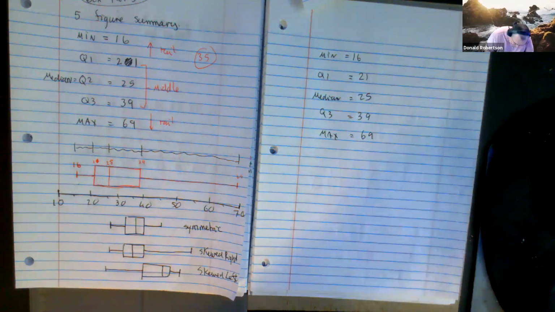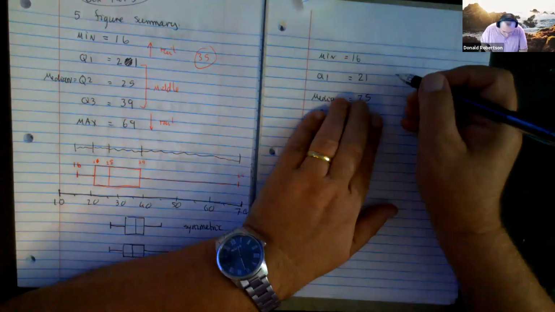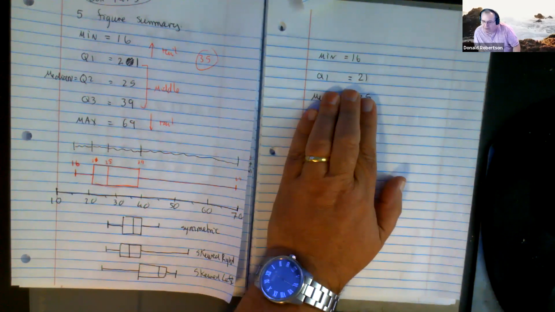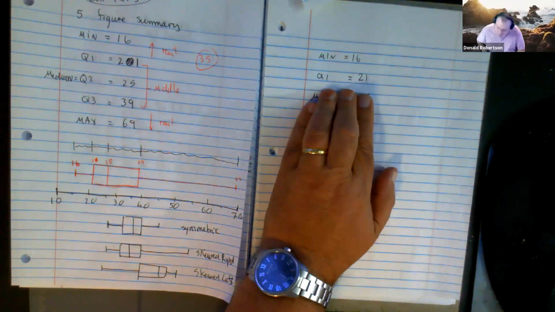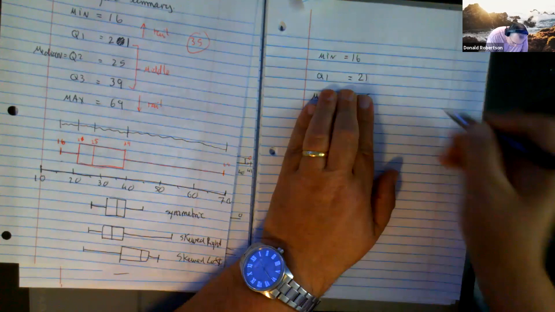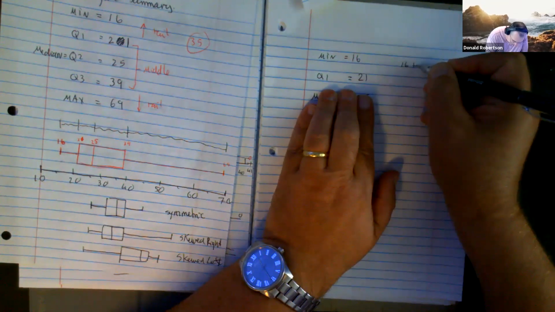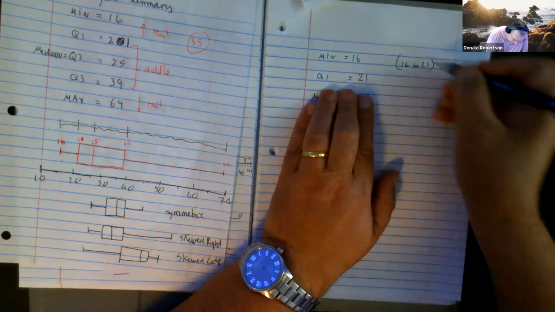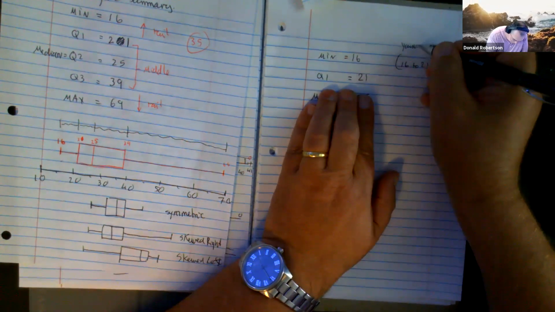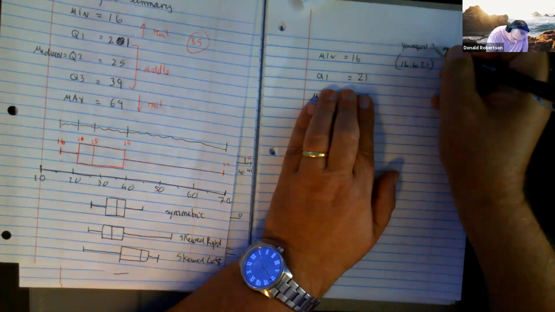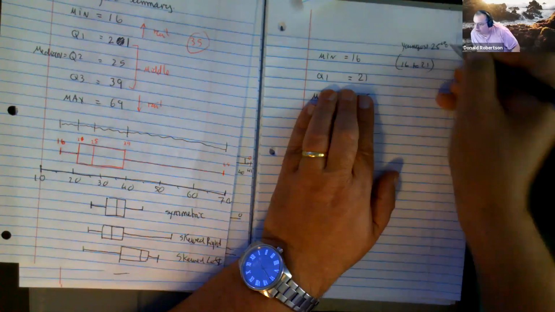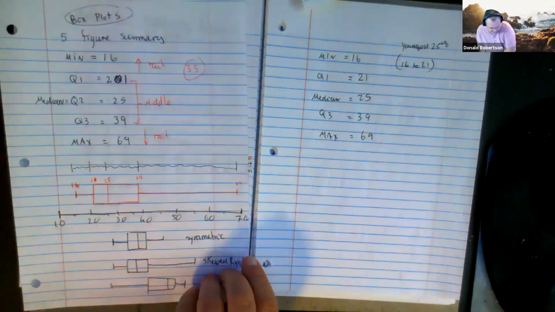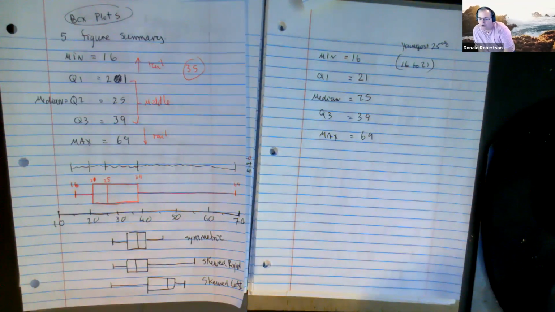So if I went and said to you, what age were the youngest 25% of the class? What age range? You would say 16 to 21. Would that make sense for the youngest 25% of the class? The youngest quarter. What age group would you be in if you were in the oldest 1/4?